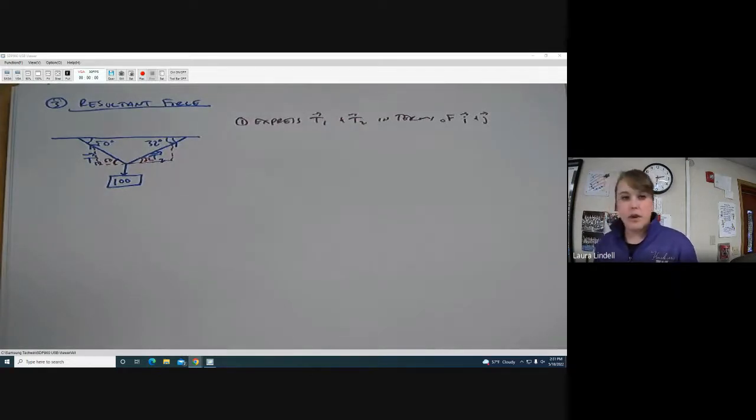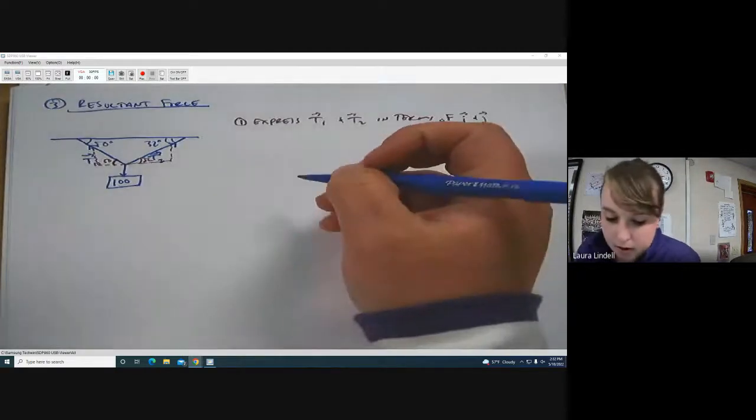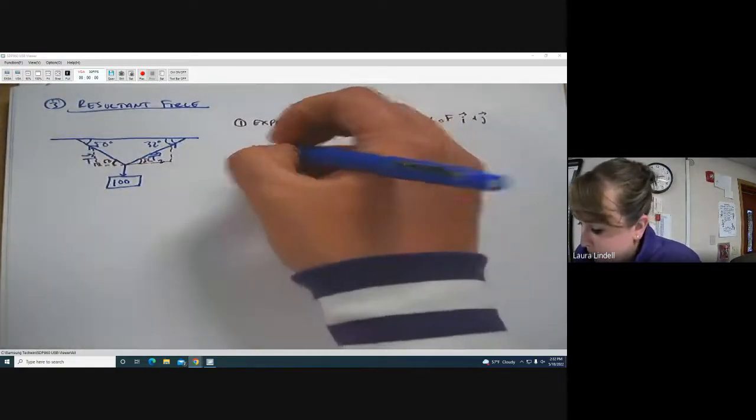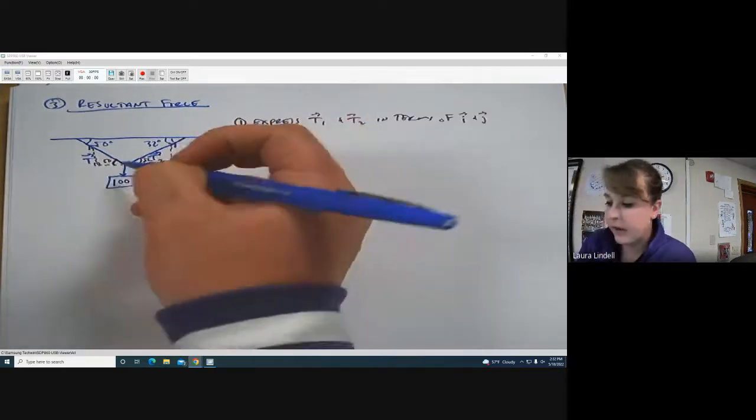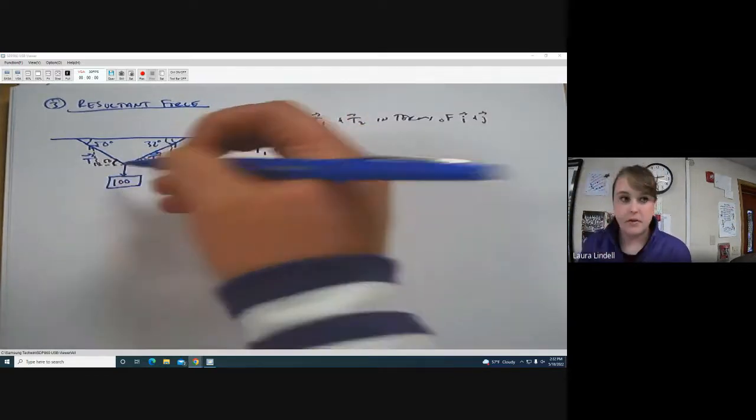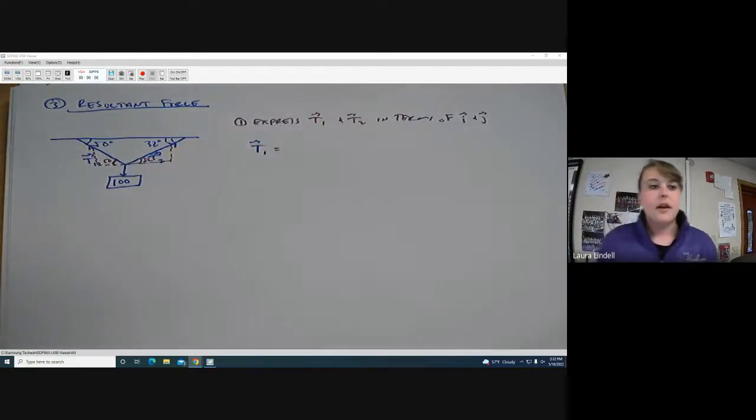So we don't know what the tension in these wires is. We don't know what the magnitude of the vector or the length of the vector is, but we can express T1 as well. T1, if we think about this as being kind of the center of our coordinate system, if we're imposing a coordinate system here, T1 is pulling in the negative x direction and the positive y direction.